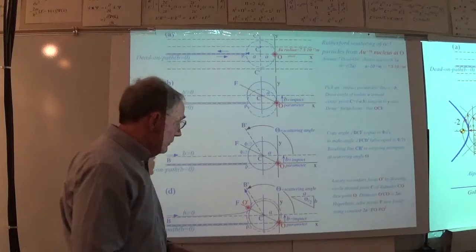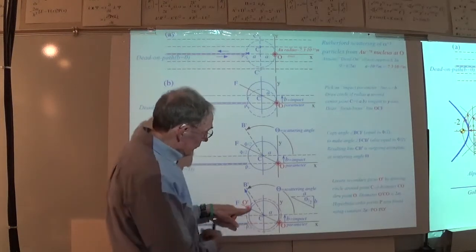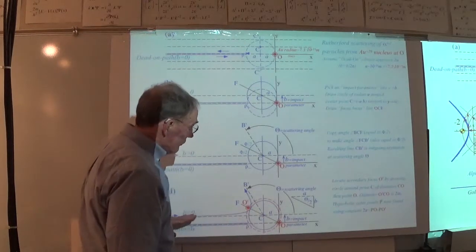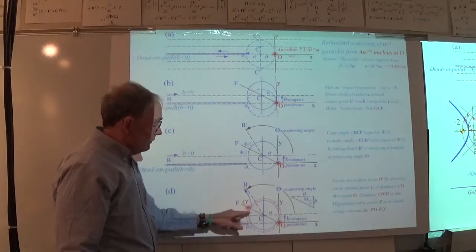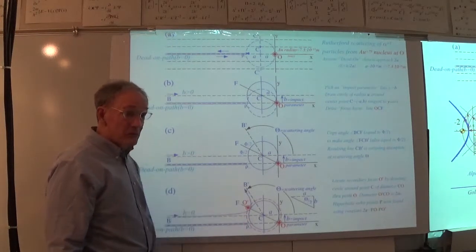So that gives you, well, first of all, the closest approach to the nucleus is right here. The slowest speed that it ever goes is right here. Then it picks up speed again because this is repulsive.